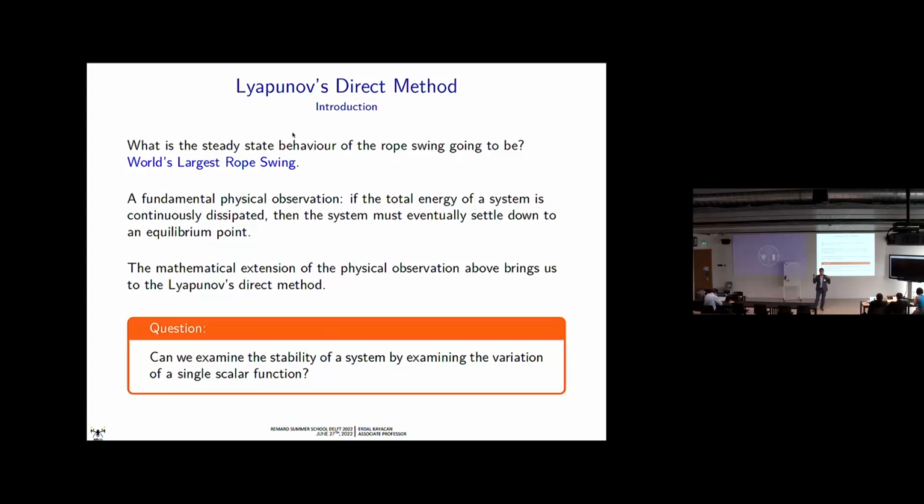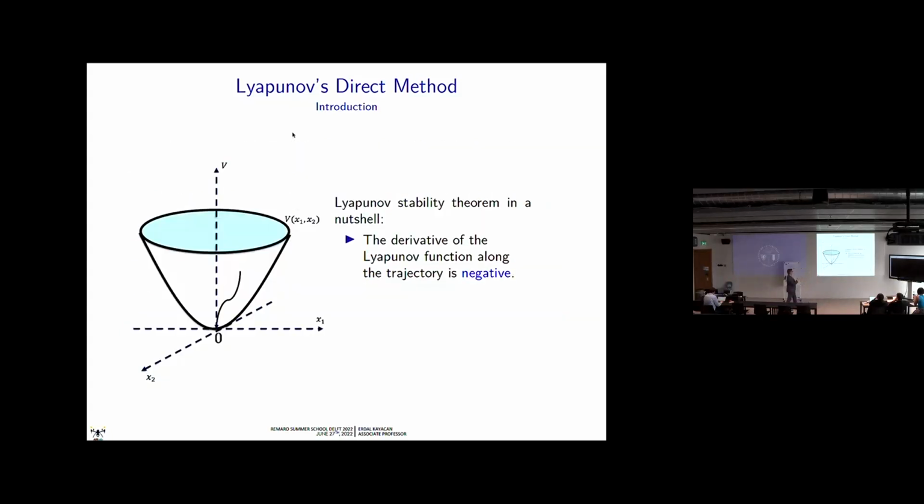And then you evaluate the change of this function over time, and if the value of this function is going down all the time, then you say the system is stable. And this function looks like the energy, right? So if the energy is going down, then the system is going to be stable.